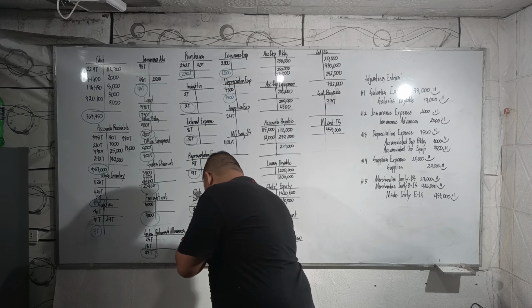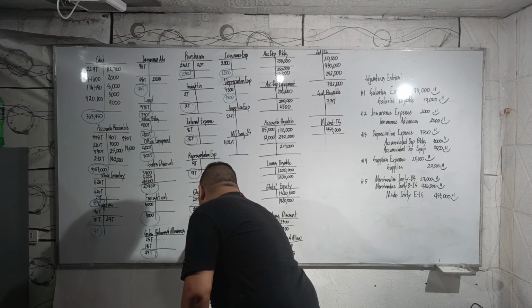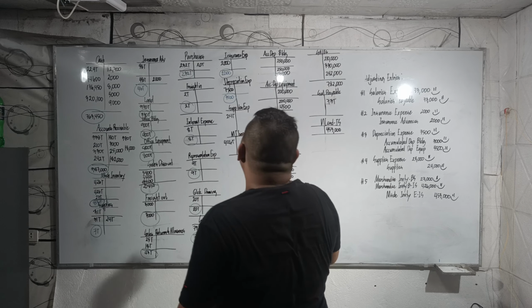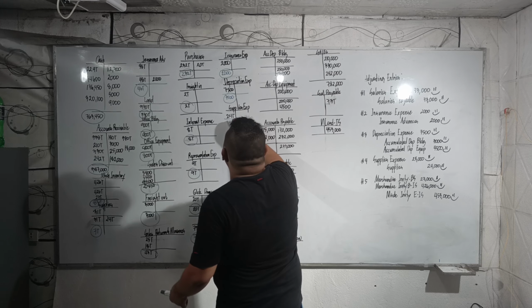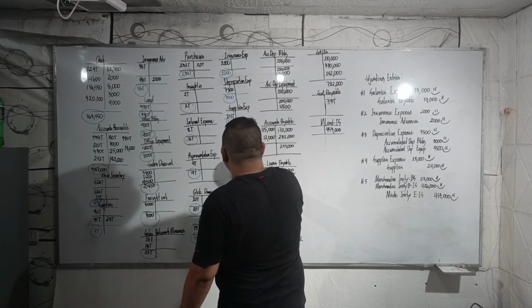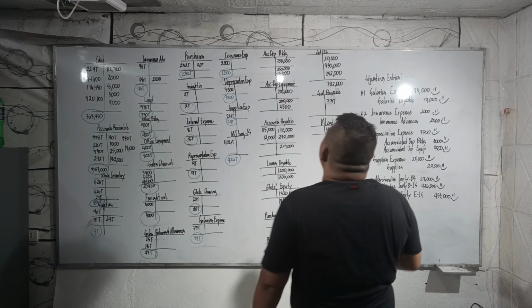The salaries expense, which is new, will be 73,000. And then the supplies expense, which is new, will be 24,000. And then the new one for merchandise inventory beginning is 26,000.